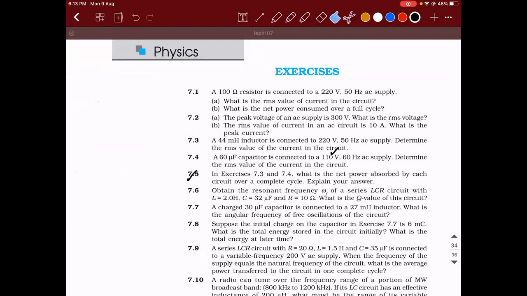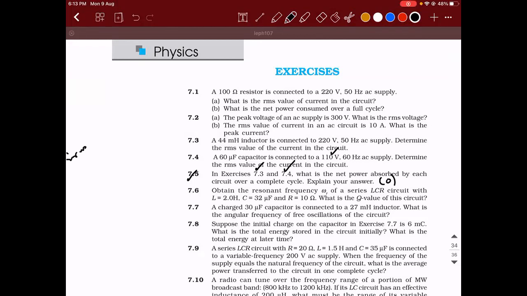Okay. 7.5. In exercises 7.3 and 7.4, what is the net power absorbed by each circuit over a complete cycle? Explain your answer. What is the answer? It is 0. Why?